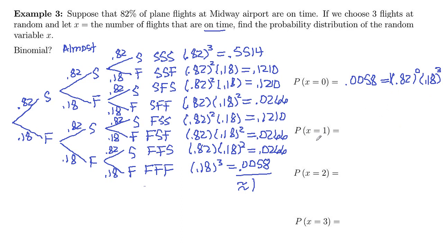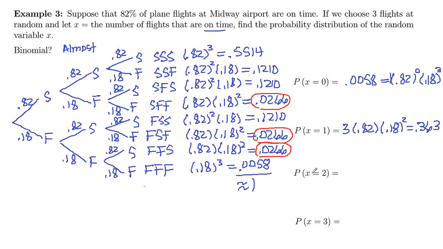Probability x equals 1, so 1 flight that's on time. Let's circle those with red here. We've got 1 success here, and here, and here. So there are 3 possible ways that we can have 1 flight on time. Each one of those is 0.0266, which is 0.82 times 0.18 squared, and that is 0.363.